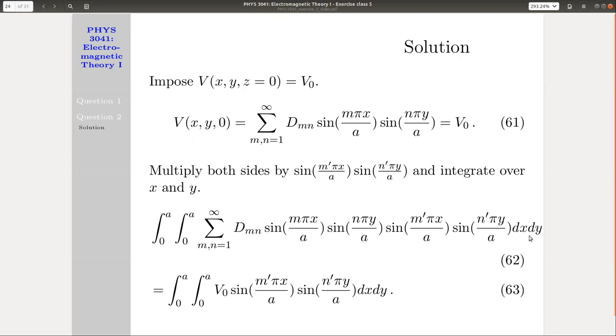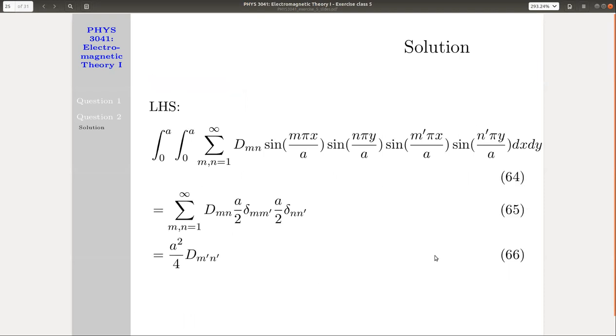So this is the left hand side and this is the right hand side. On the left hand side, if you remember, the integrals of the sine m pi x over a here and also the sine m prime pi x over a here, the orthogonality property implies the integrals of these two terms would be just a over 2 delta m prime.